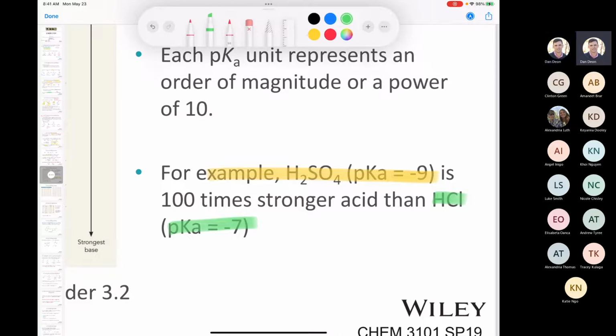It's 2. If you take -7 and subtract -9, you get 2. And 10 to the power of 2 equals 100. It means that sulfuric acid is 100 times stronger than HCl. If the difference was 6 pKa units, then it would be 1,000,000 times stronger or weaker, depending.